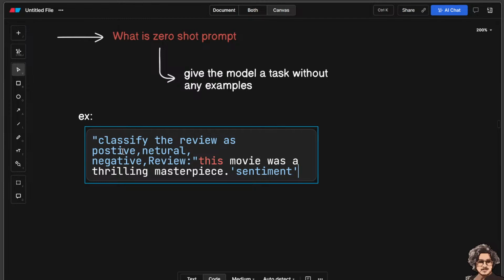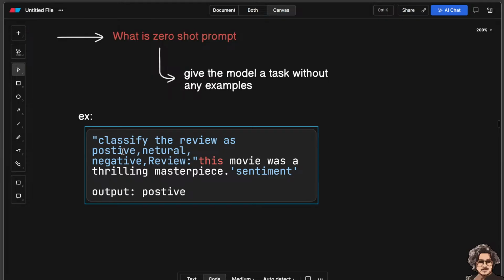The output will be positive. So a zero shot prompt gives the model a task without any examples. Here I gave it the instruction to classify a review as positive, negative, or neutral, with the review text, without giving any example, and it provided the answer that this sounds positive.